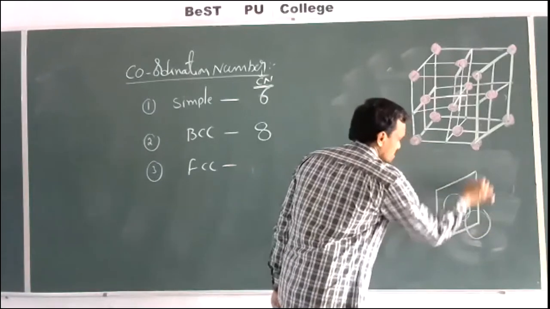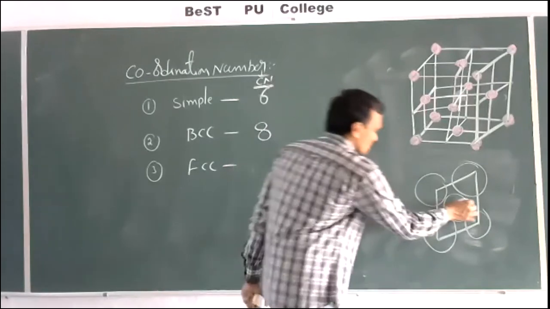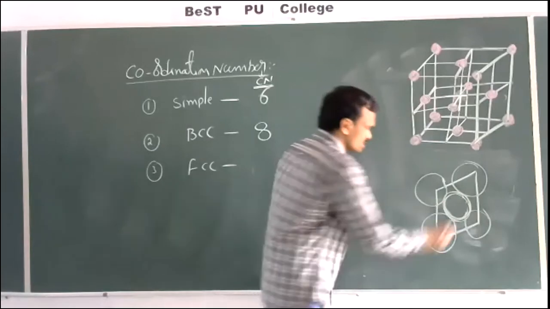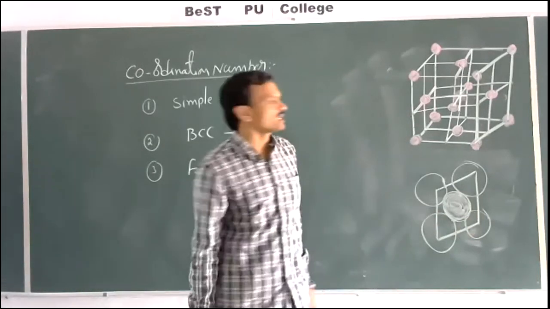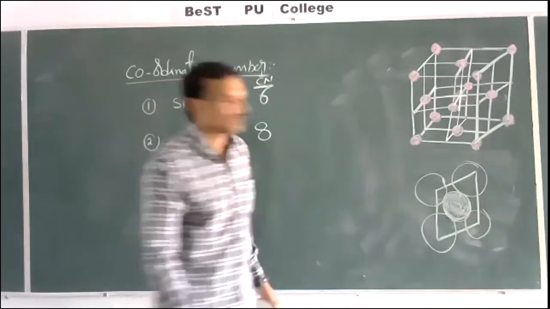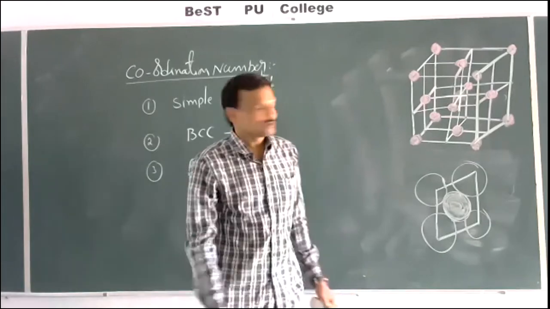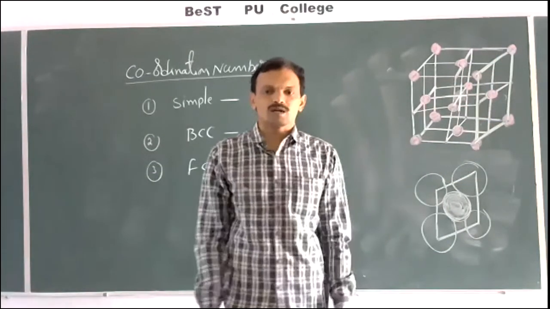At the 4 corners, 4 particles are there, in contact with each other. This is the face center particle. This face center particle is in contact with how many particles here? 4 particles in one plane.